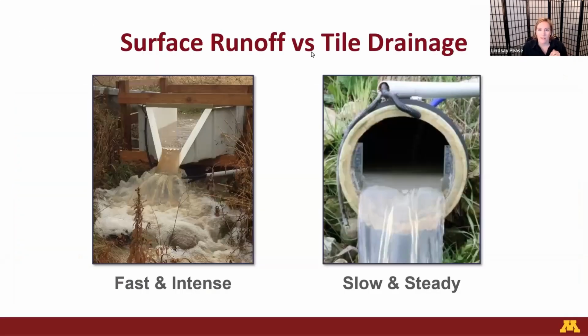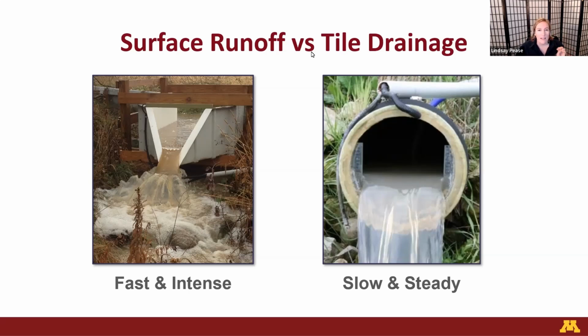What we found in Ohio was that there are two main principles for the difference between these two pathways. Surface runoff is really fast and intense. You get a big, fast rainfall event. It overwhelms the capacity of the soil to absorb it, and it runs off. Whereas tile drainage is slow and steady.